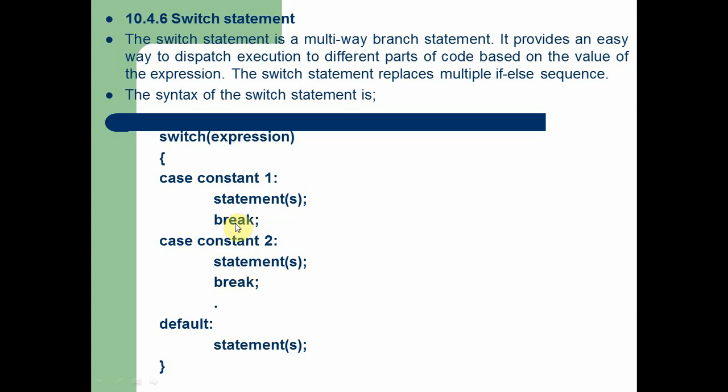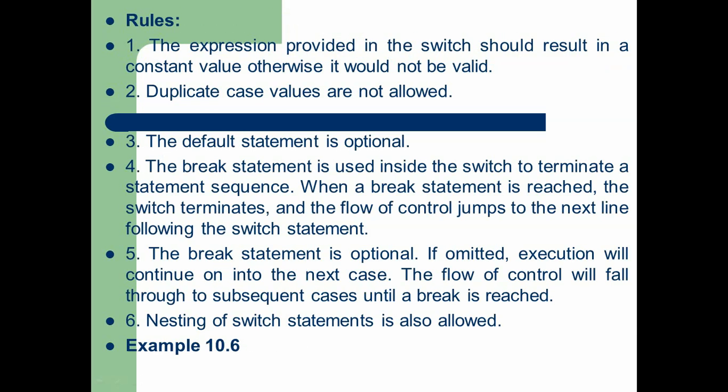The program didn't show any error, but it will execute the case 1 statement and the case 2 statement also, because break may be optional, but break should be used at the end of each case. Otherwise the subsequent statements, that is the next continuous statements, will execute till the switch statement sees a break statement. So this is the fifth rule.